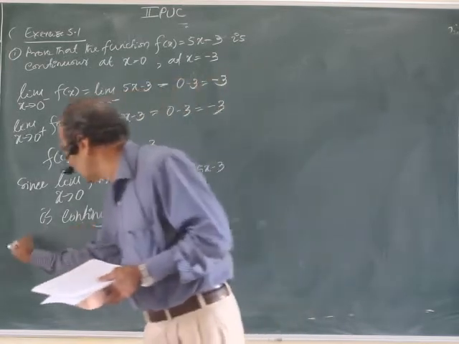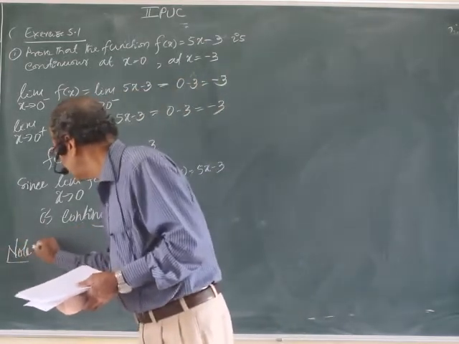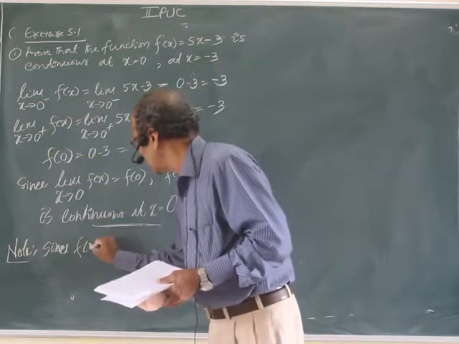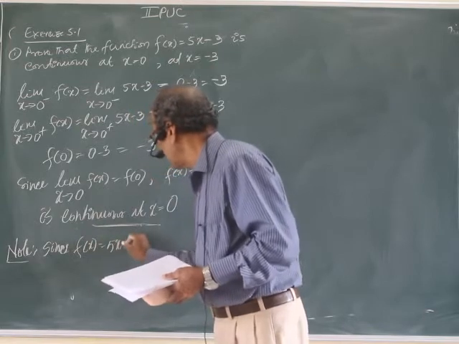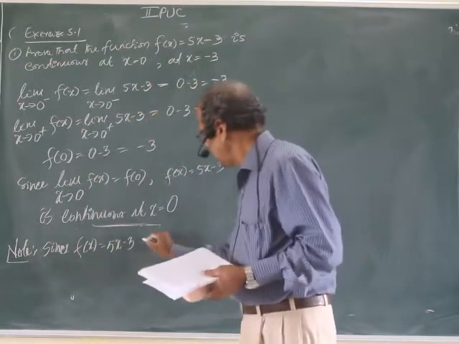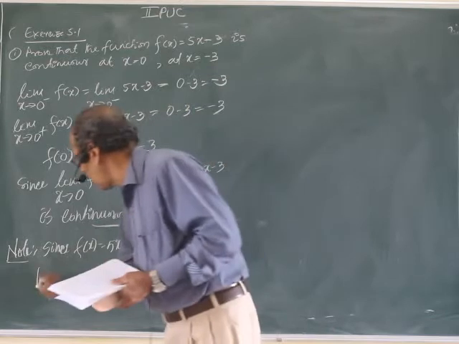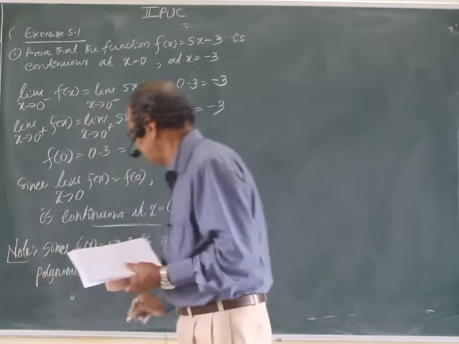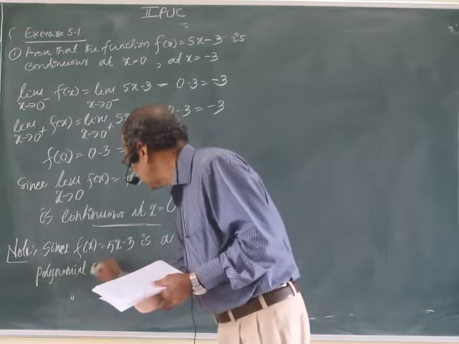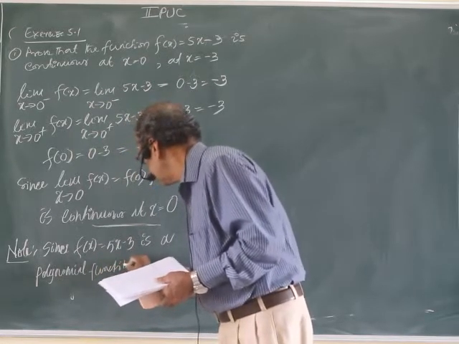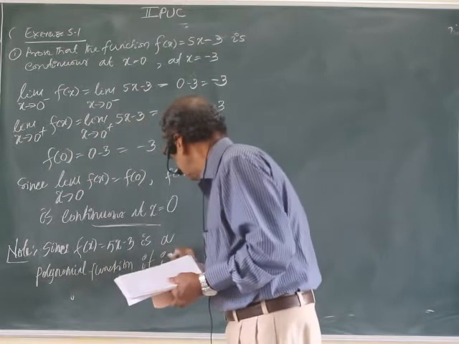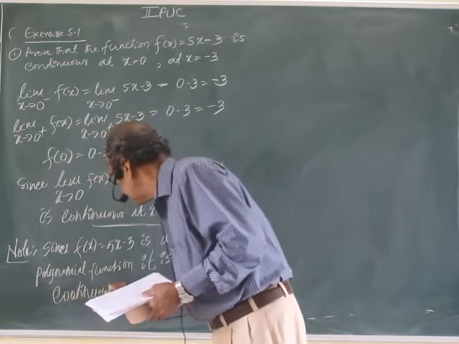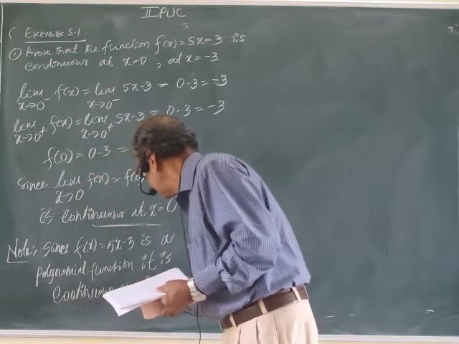Another method is, note: since f of x equal to 5x minus 3 is a polynomial function, it is continuous everywhere.